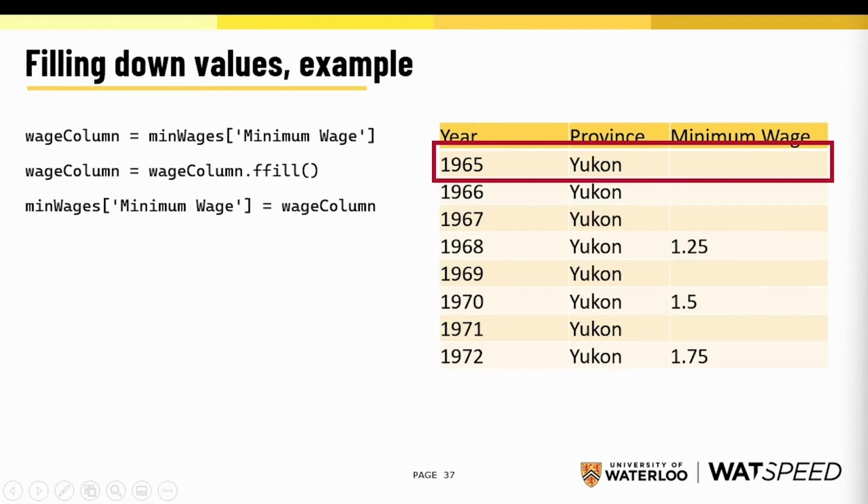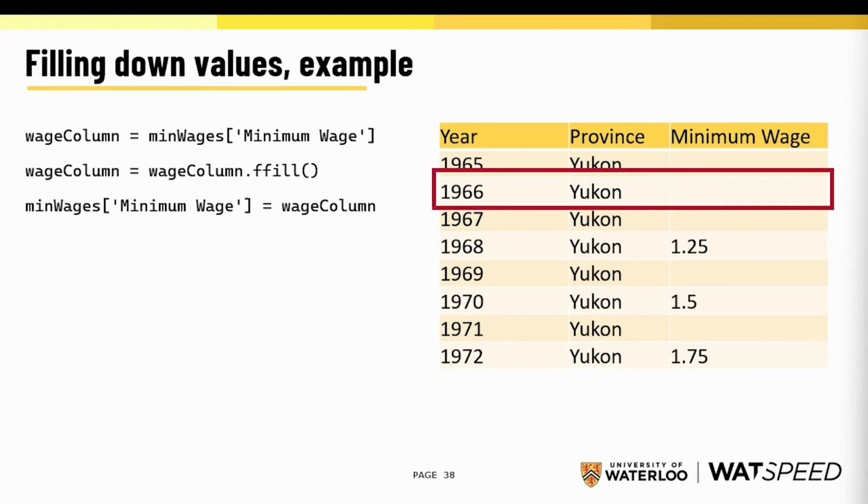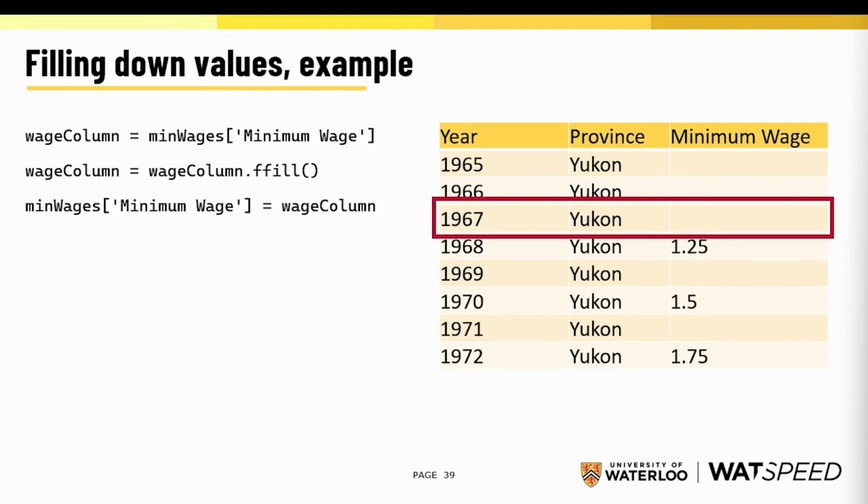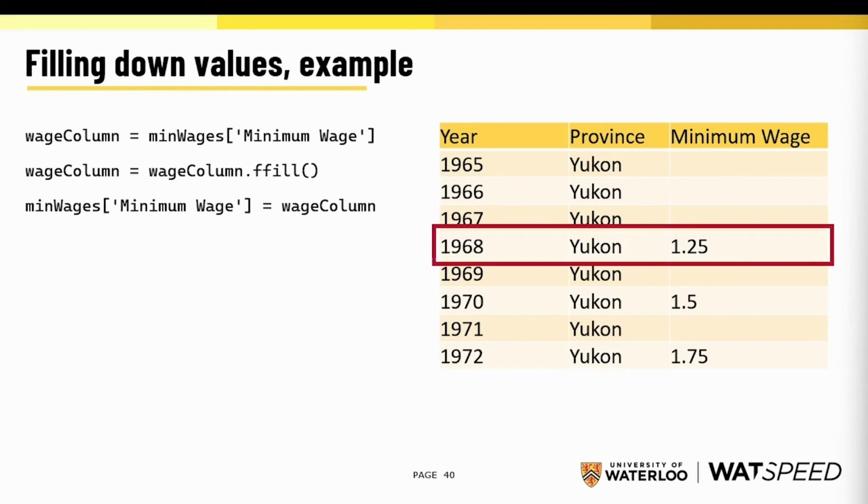So first we'll start at 1965. Pandas will look and see, do we have a value set for minimum wage? On our first row, we have no value set, so we skip this row. 1966, we're going to skip setting this row because we don't have a known value. Same with 67.